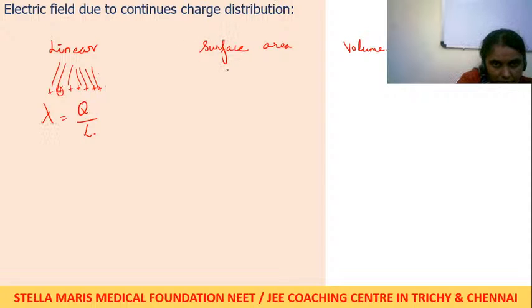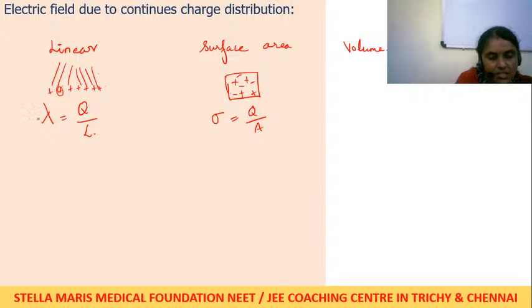For surface only, we are going to consider the paper, so there will be a number of positive and negative charges present here. From this we are going to consider one single particle, so that is sigma, the surface charge density. This is the linear density, this is the surface charge density, and the next one I am going to consider is the cube.